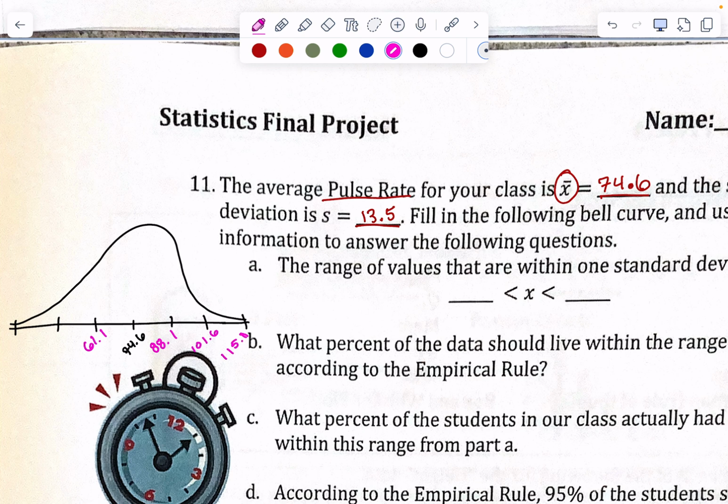Did you add any other notes on this page? What is it? 115.1? Yep. Everybody subtract again. Wait. 47.6. Thank you. 34.1? 47.6.